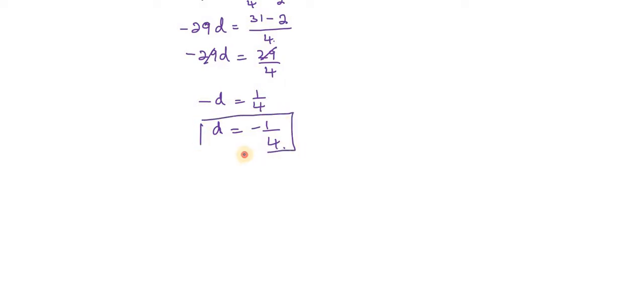And put the value of D in any equation, equation number 1 or 2, we get the value of A. So we put the value of D minus 1 upon 4 in equation number 1. Our equation number 1 is A plus D is equal to 31 upon 4. We put the value of D in the place of D, minus 1 upon 4. Plus minus minus.